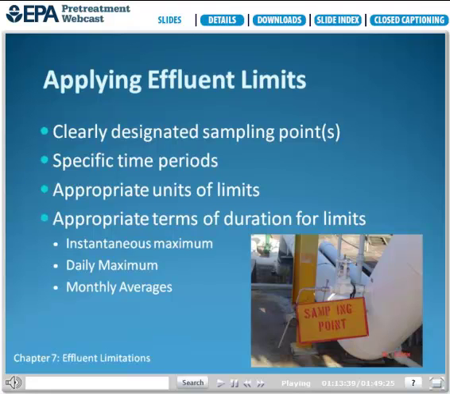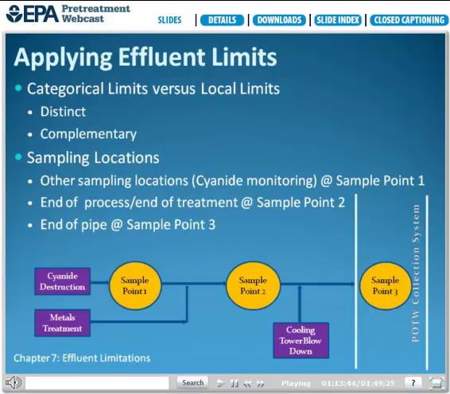This slide demonstrates where the various sampling locations should take place to show compliance with the various standards. Local limits or use of the combined waste stream formula can be used at sample point 3.